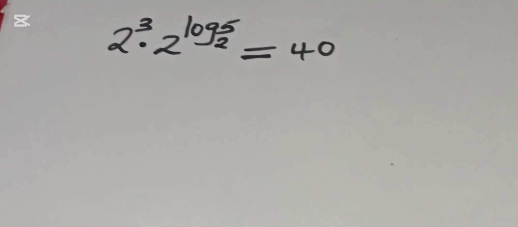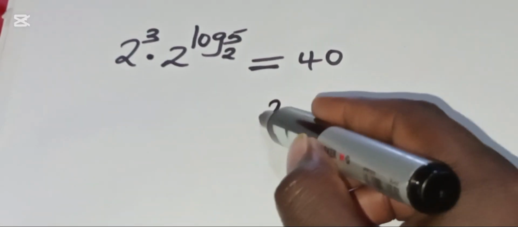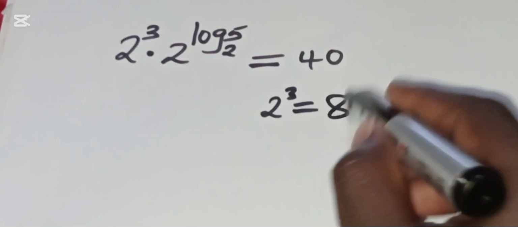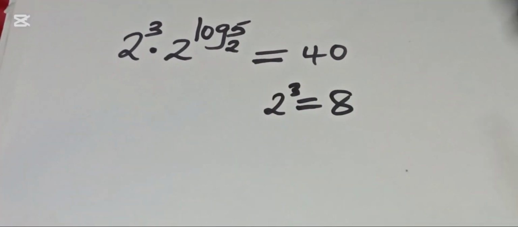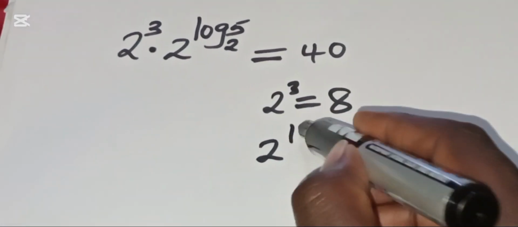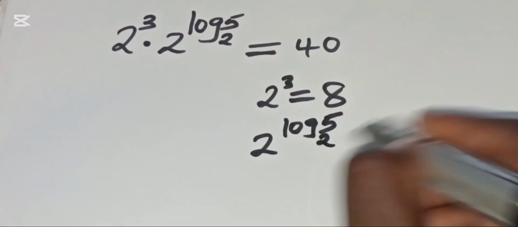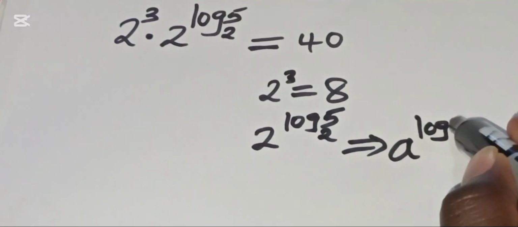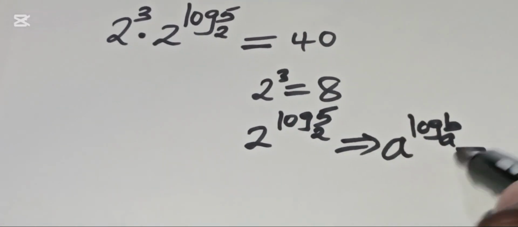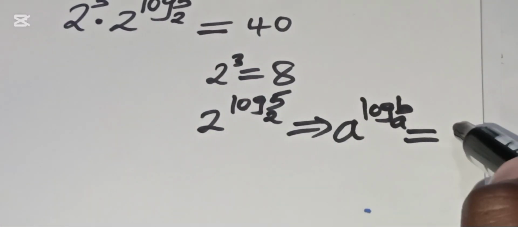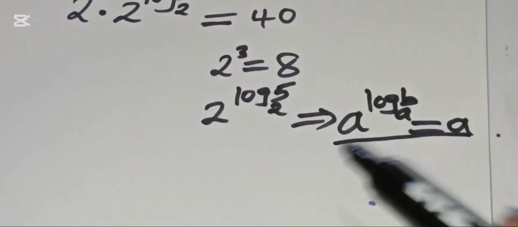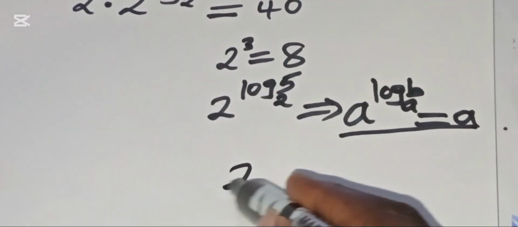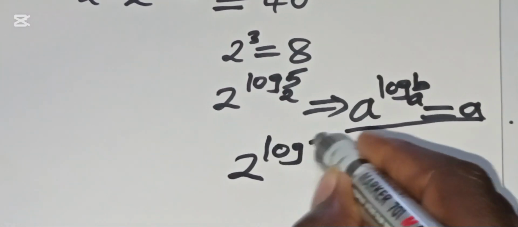So now from here, 2 raised to power 3 is equal to 8. And 2 raised to power log 5 to base 2 is in the form of a raised to power log b to base a. This essentially is supposed to give us a value of b. So 2 raised to power log 5 to base 2 is equal to 5.